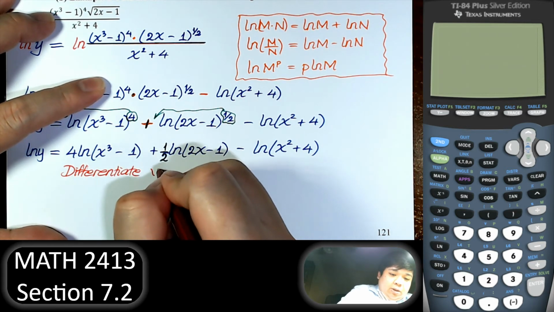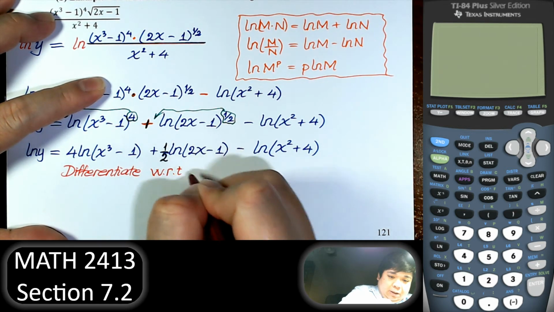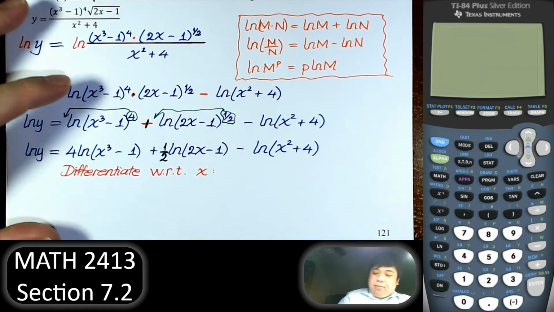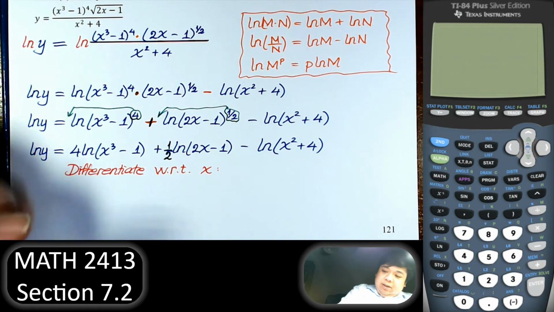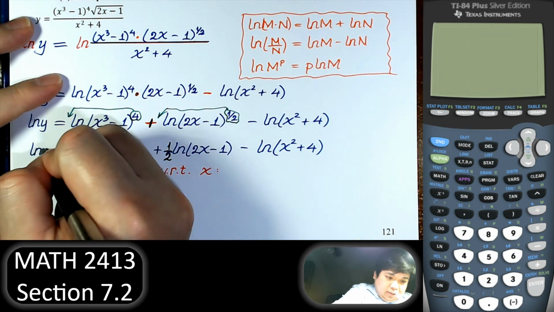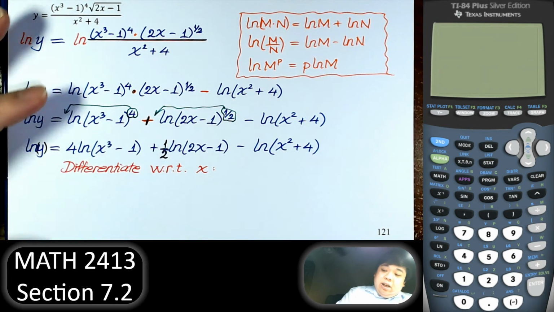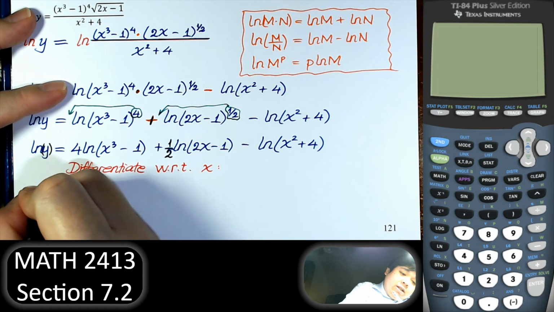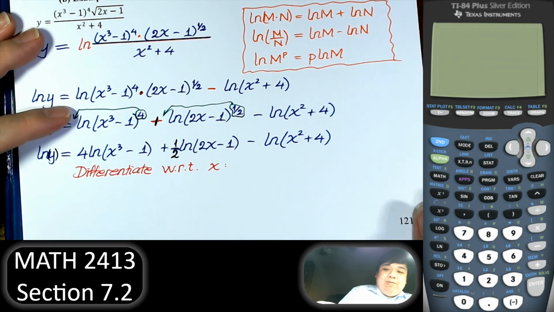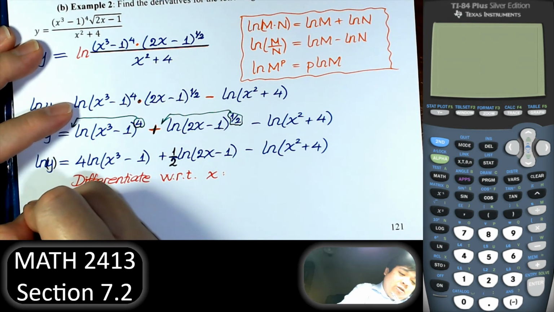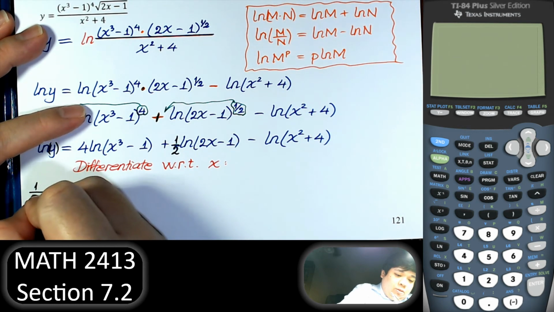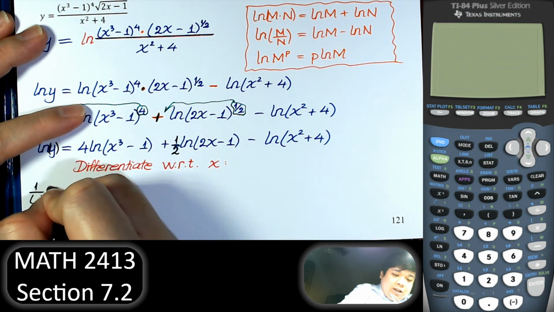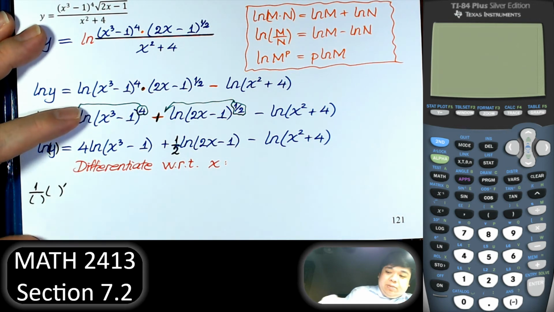On the left side, we have, put the parentheses there, derivative of ln is what? Reciprocal function, right? 1 over parentheses, derivative of the parentheses.